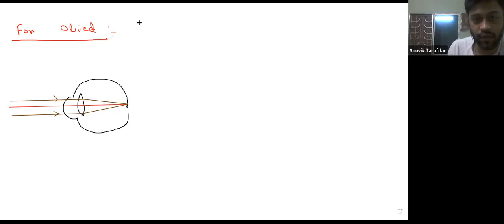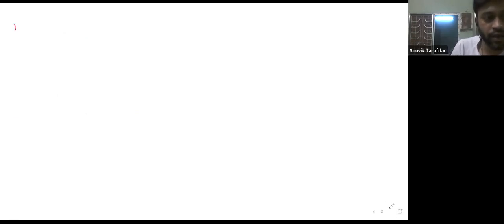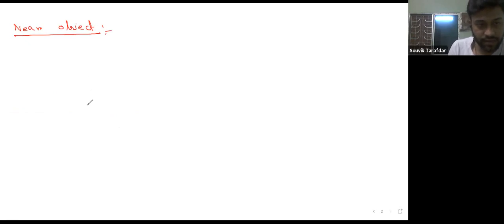And in the case of a nearer object, what happens? That I will show you here. Near object. In the case of a near object, how will we show it?